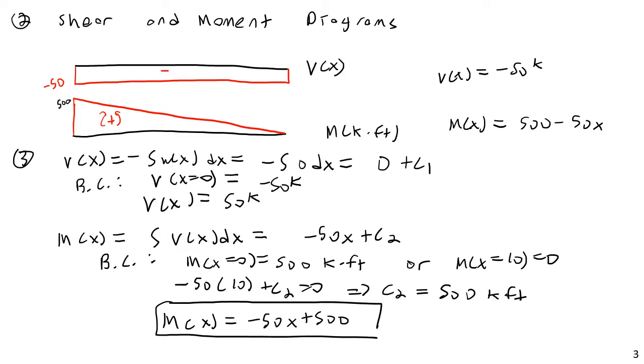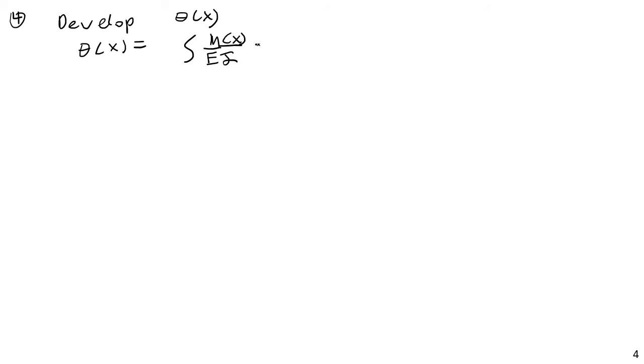So next, I'm going to move on to finding the slope as a function of x. So theta as a function of x, as we learned previously, is equal to the integral of M of x over EI dx.